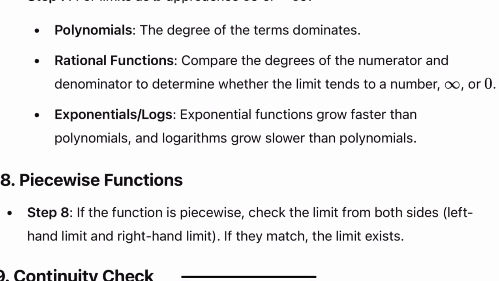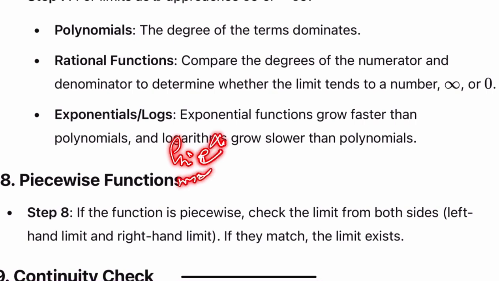Okay, next let's consider the exponential function, where the variable x is in the exponent. There are two cases here. The exponential growth, for example, the limit of exponential of x as x goes to infinity.